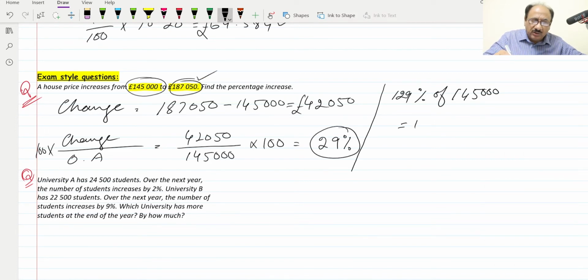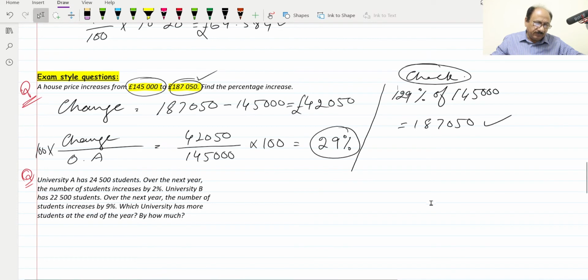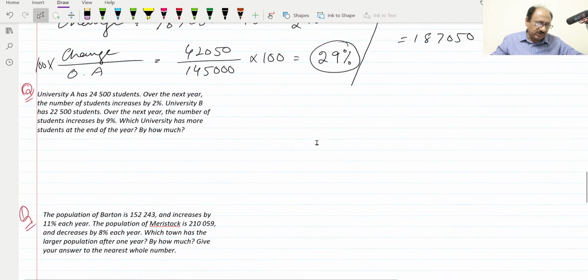So 187050 is the same amount which was also provided after the increase. So this is basically a check. This is not compulsory, but for your understanding, this is important. You should know how to check a question.